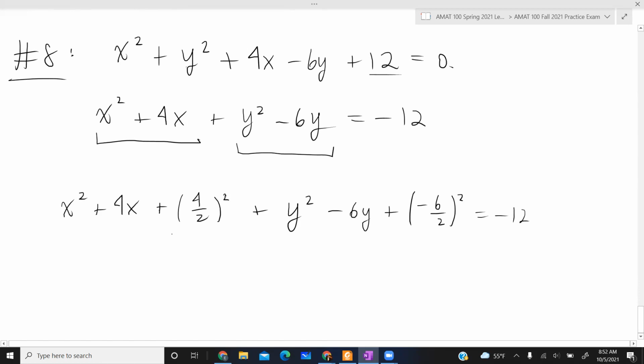But if I add these terms on the left-hand side, I have to add them on the right-hand side too. So this will be 2 squared, which is 4. This will be -3 squared, and I get 9. Now I can factor this, and then factor that.